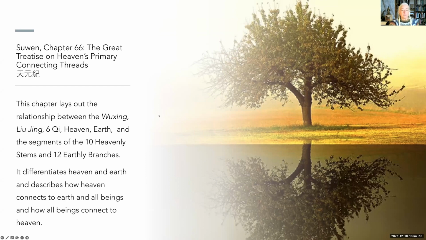This chapter lays out the relationship between the whooshing and the liujing, the 6 chi, heaven, earth, and the segments of the 10 heavenly stems and the 12 earthly branches. It differentiates heaven and earth and describes how heaven connects to earth and all beings and how all beings connect to heaven. That's what this chapter is about.